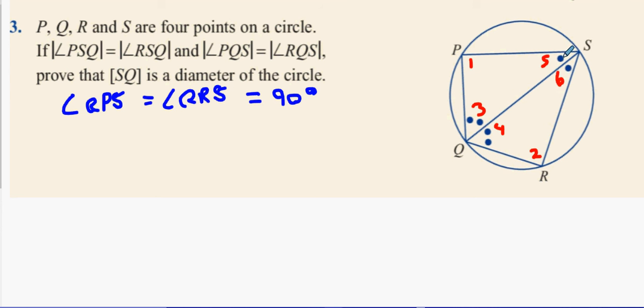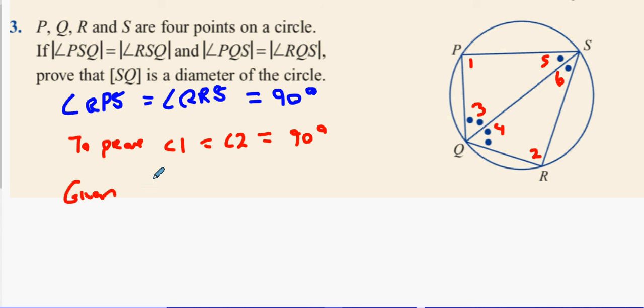So to prove angle 1 equals angle 2 equals 90, what are we given? Angle 3 equals angle 4 and angle 5 equals angle 6.